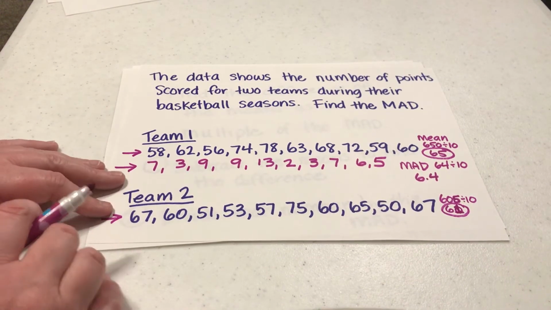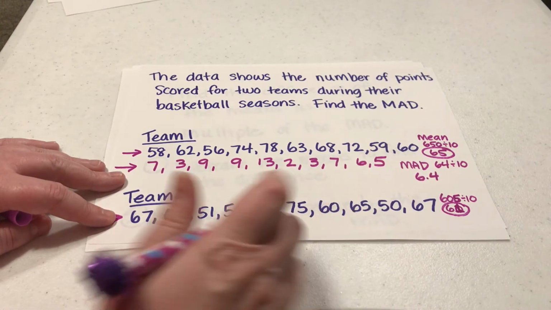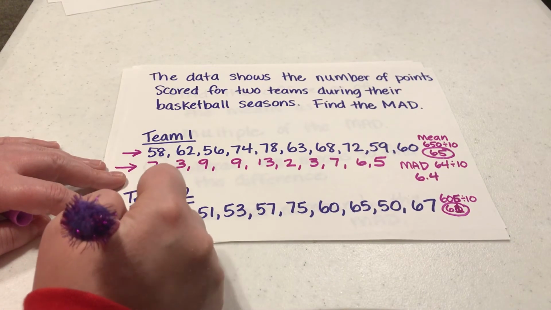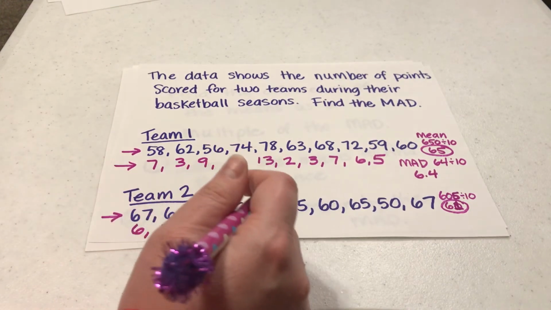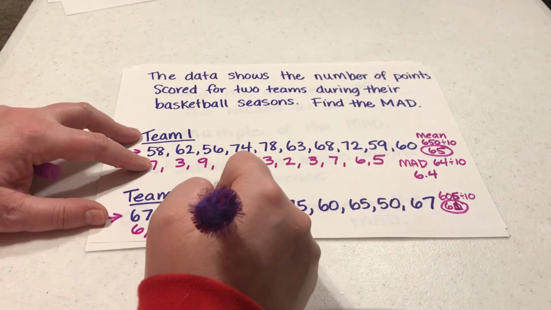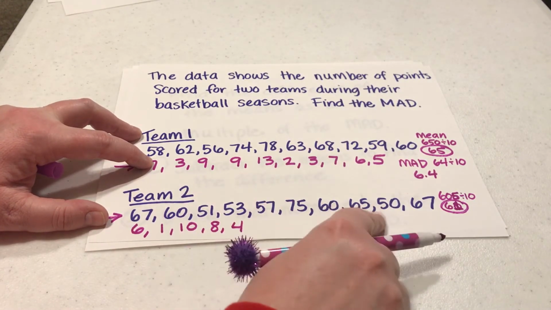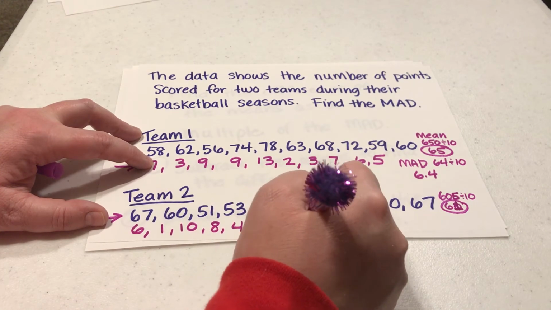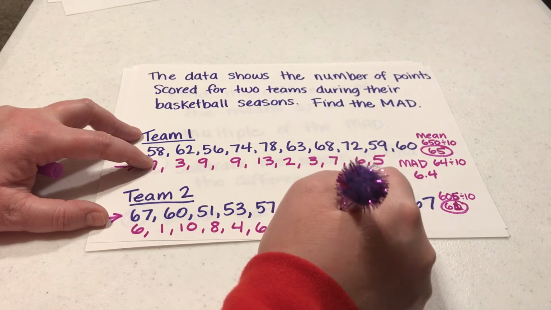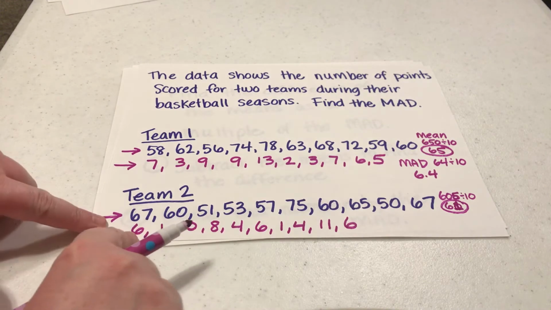Looking at this number in here, I can calculate the same numbers versus 61. And I end up with 6, 1, 10, 8, 4, 6, 1, 4, 11, and 6. I did not calculate this one, so I'm going to have to get my calculator super fast and calculate them out.